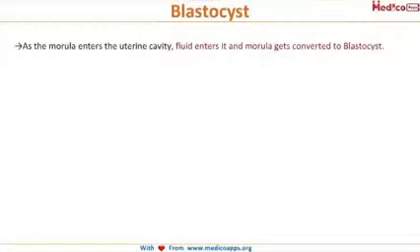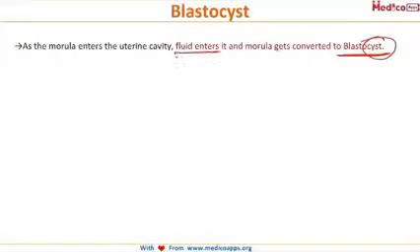Now I'll give you a brief idea about the blastocyst. As I told you, when the morula enters the uterine cavity, it is covered by a film of mucus. Fluid passes through the canaliculi of the zona pellucida and enters the morula, separating its cells, leading to the formation of blastocyst.